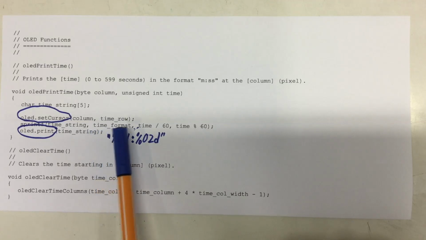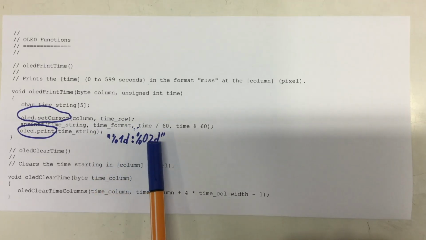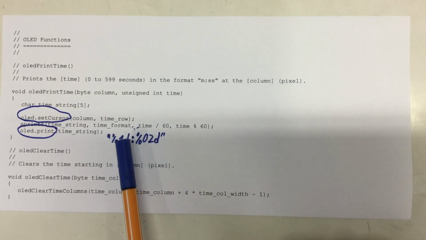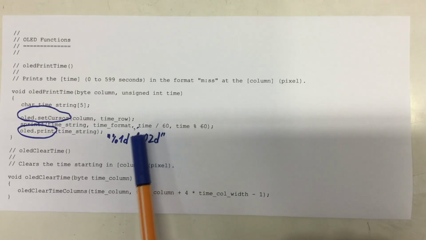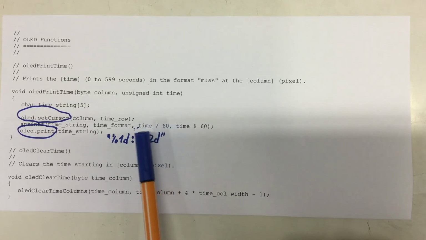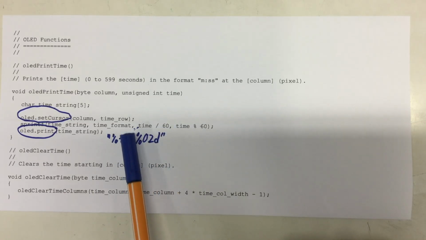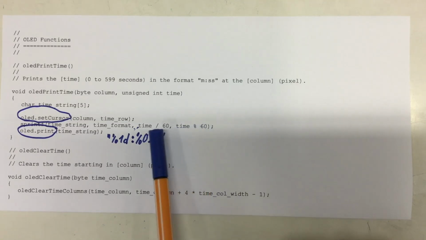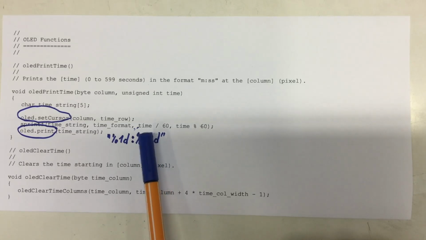And you might remember, time format is %1d colon %02d, which means print the first digit of a number, then a colon, and then 2 digits of a number with leading zeros. And the numbers I print, of course, are time divided by 60, so that's my minutes, and time modulo 60, that's my seconds, 0 to 59 with leading 0.